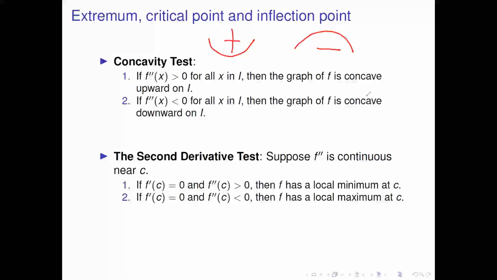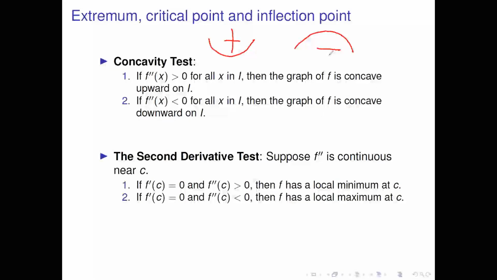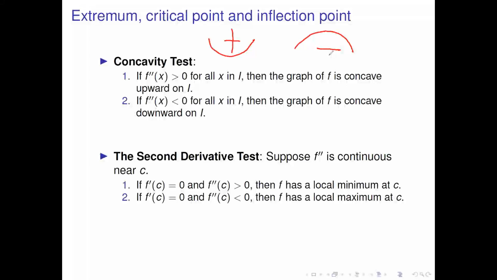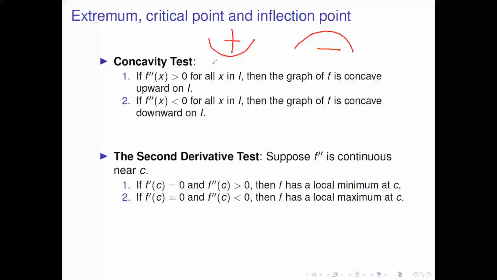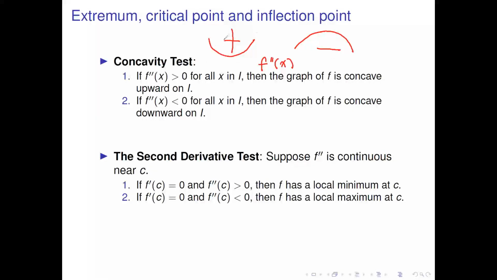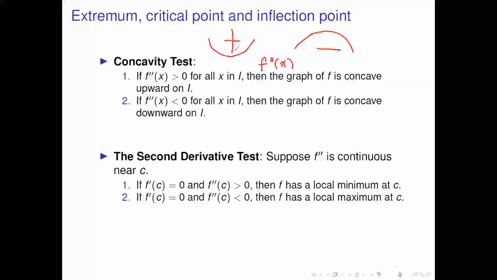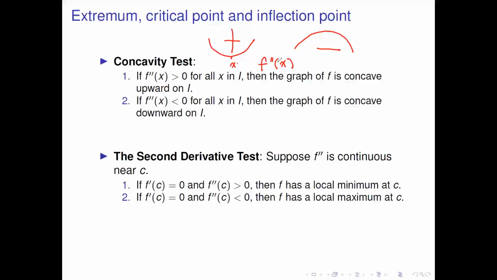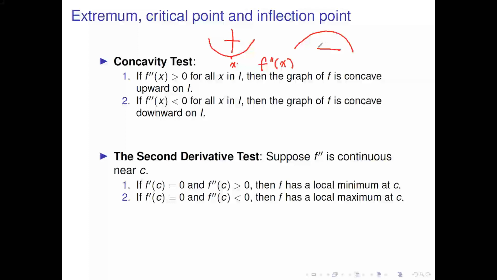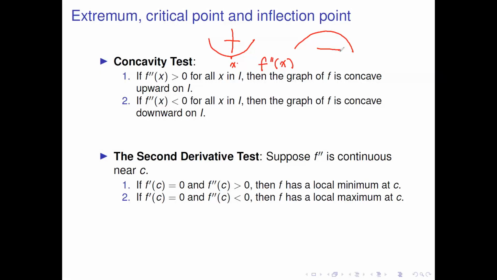Concavity test. We just memorize these 2 figures. This means concave upward: the second derivative is positive. Second derivative f double prime x negative means concave downward.